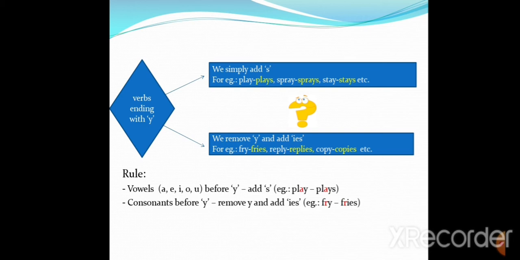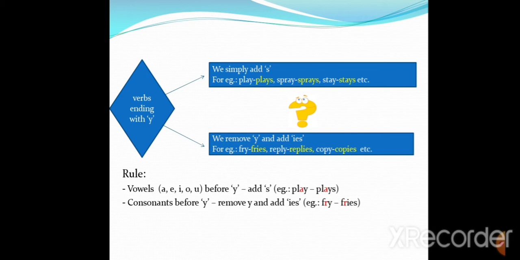So take fry. Here in the word fry, you can see that fry is ending with the letter Y, and before Y we have a consonant R. So what we will do is remove Y and add IES instead of Y. So fry will become fries. Isn't it simple, students? I am sure you will not face any problem in this if you remember all these simple rules. Okay?